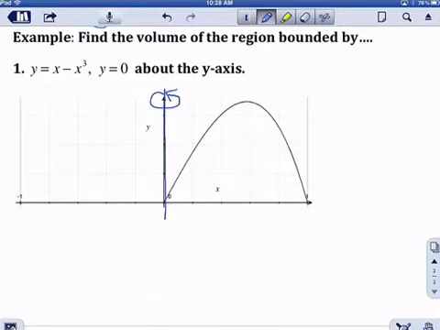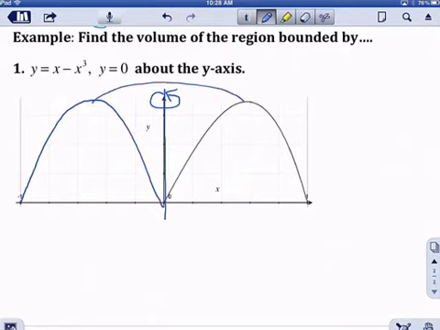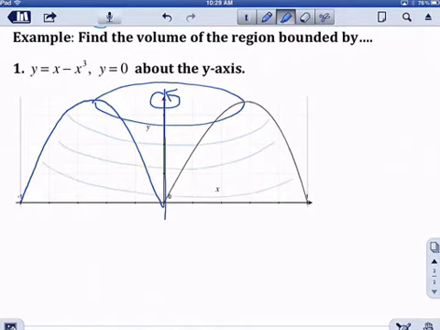Okay, so if we're going to revolve this, we can draw our picture here. We'd have a mirror image, right? And then all of this would get kind of circled around here. Okay, and we'd also have this empty space in here.